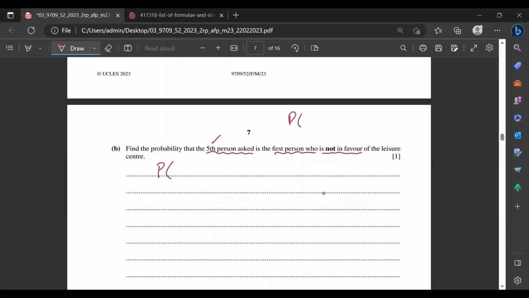So the probability of in favor, from the above statement, is 0.8 and the probability of not in favor is 0.2. So here the success is not in favor. So favor, favor, favor, favor, and the fifth person is not in favor.